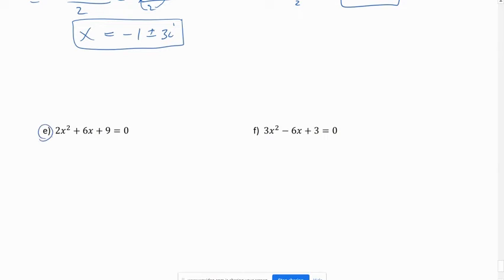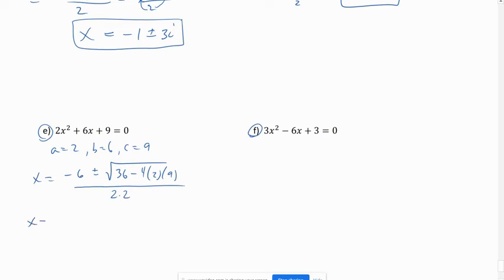Now go ahead and try examples E and F. For example E, a equals 2, b equals 6, c equals 9. So we have x equals the opposite of b plus and minus the square root of b squared minus 4 times a times c over 2 times a.